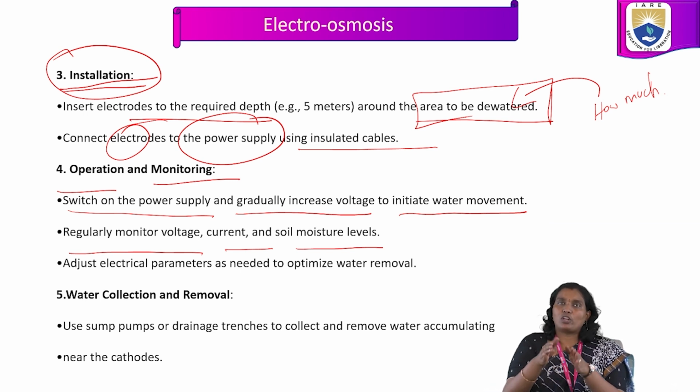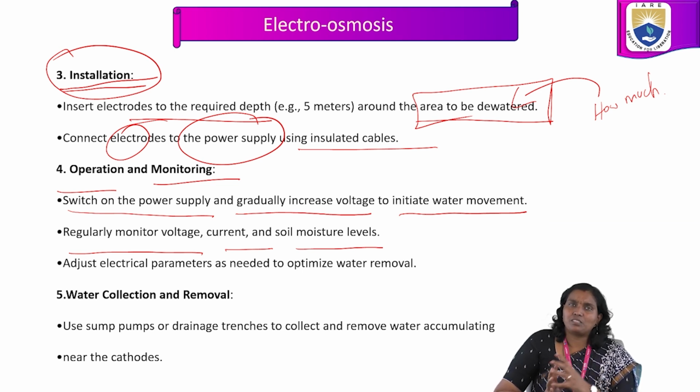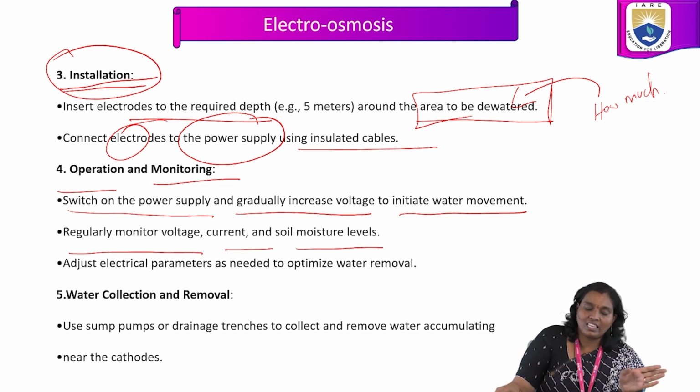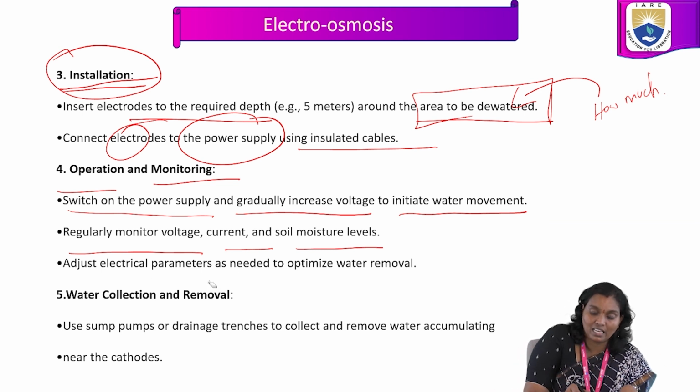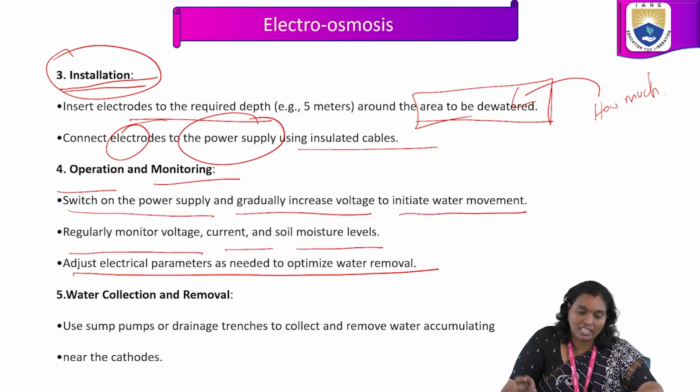The next step is monitoring the voltage, current and soil moisture level using moisture sensors, and if any adjustments are required, we adjust the voltage and current. All these electrical adjustments are needed to optimize water removal.